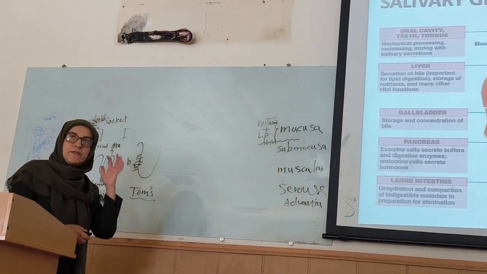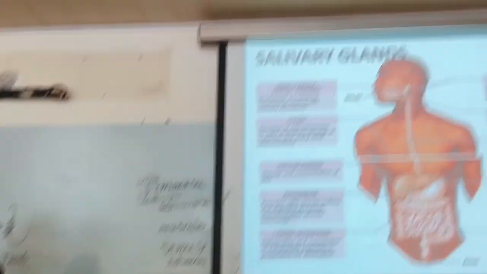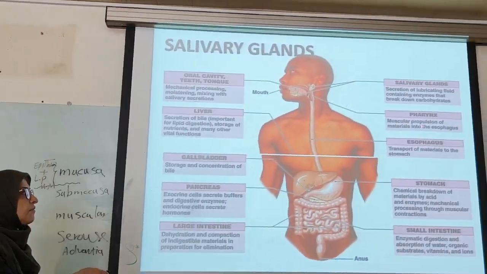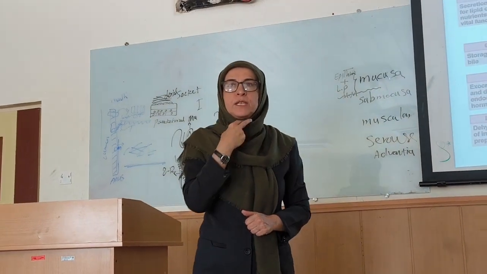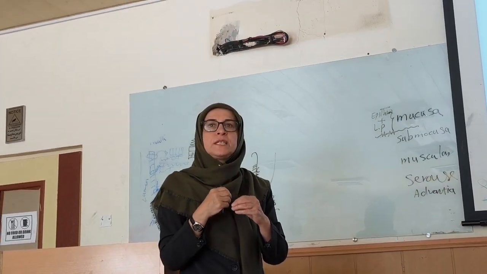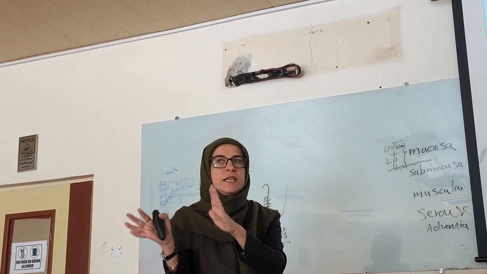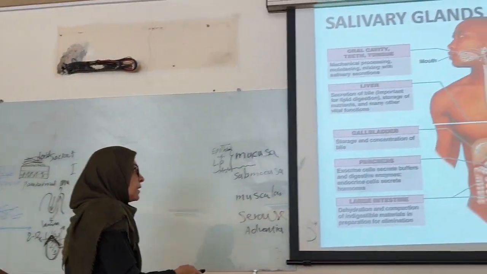After the oral cavity, the next structure is the pharynx. You know about the pharynx in the respiratory system, because most of these structures are related to the respiratory system.